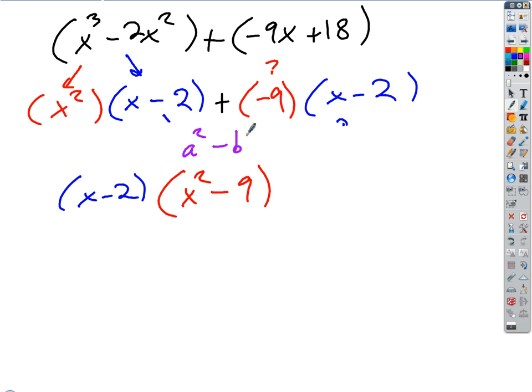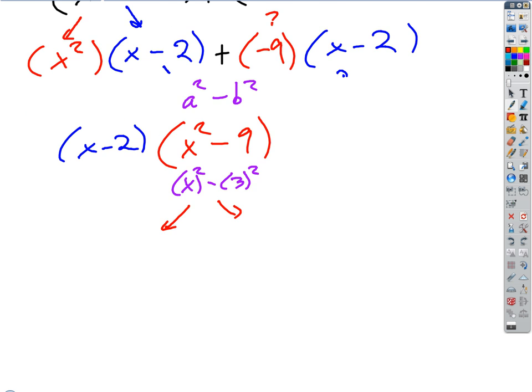A squared minus b squared. What's a? What's b? 3. 3 squared is 9, isn't it? So this breaks into x squared minus 3 squared, right? And what's the pattern for a squared minus b squared? A plus b times a minus b.